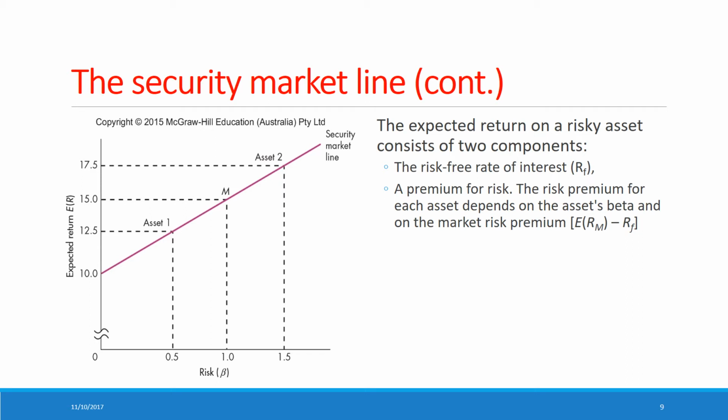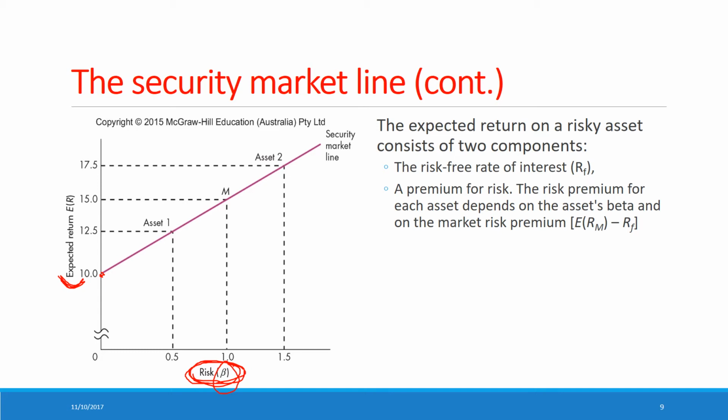So to recap, with the capital asset pricing model or the security market line, the relationship between risk and return is measured by beta, right? So beta here is the measure of risk, not standard deviation like before with the capital market line, right? So beta here is the standardized covariance, not the standard deviation anymore.